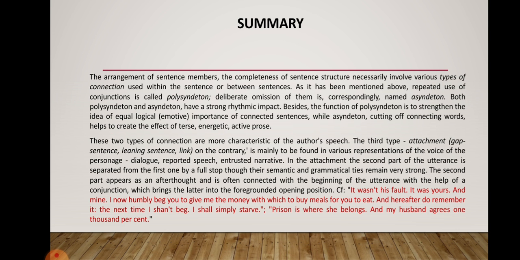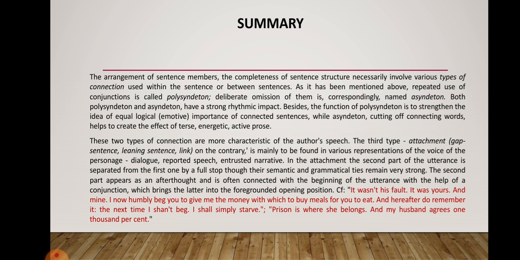As has been mentioned above, repeated use of conjunctions is called Polysyndeton. Deliberate omission of them is correspondingly named Asyndeton, because from the Greek, "syndet" means conjunction, "poly" means many, and "a" means no, absence.